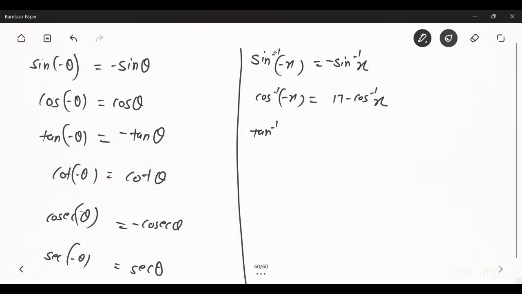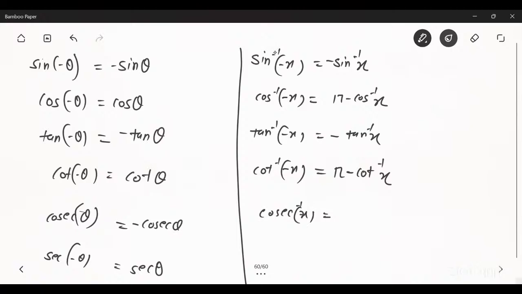Tan inverse of minus x is equal to minus tan inverse x. Cot inverse of minus x is equal to pi minus cot inverse x. Cosec inverse of minus x is equal to minus cosec inverse x, and sec inverse of minus x is equal to pi minus sec inverse of x.